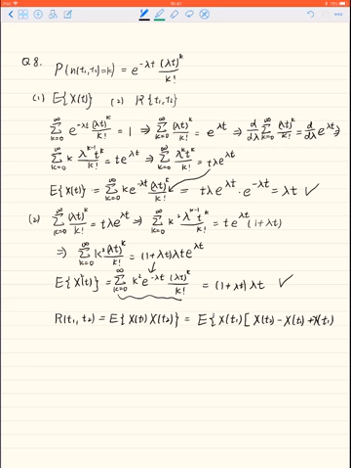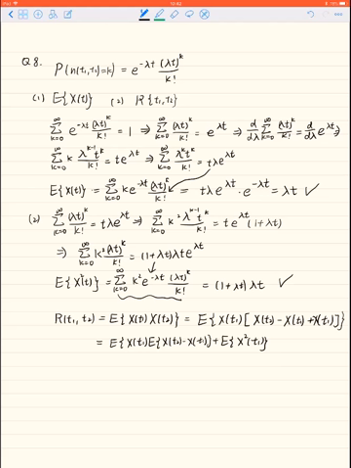Since we subtract first and add afterward, the result is the same. Now we just expand this formula, and the answer is the expectation of X(t1) times the expectation of (X(t2) minus X(t1)), plus the expectation of X(t1) squared.